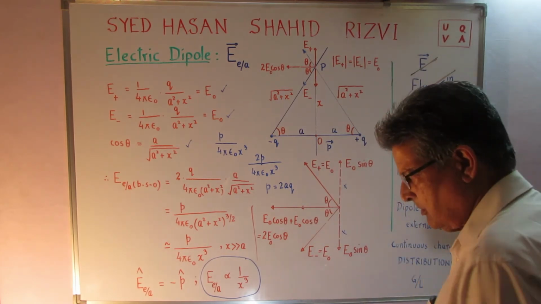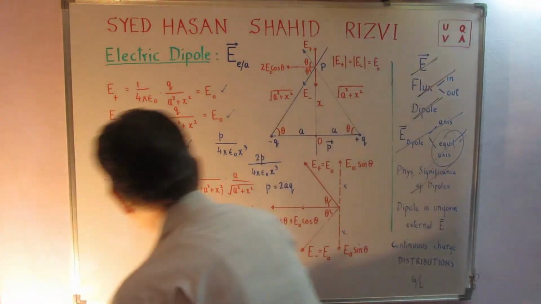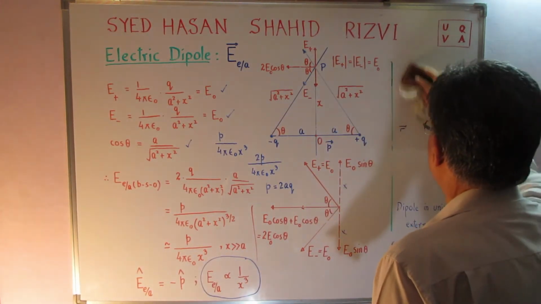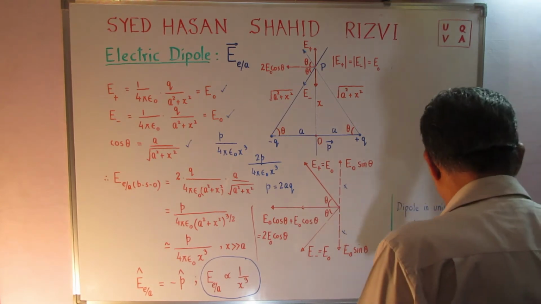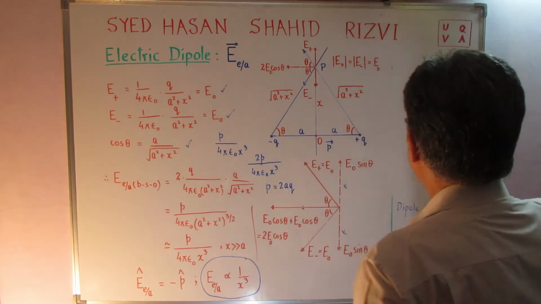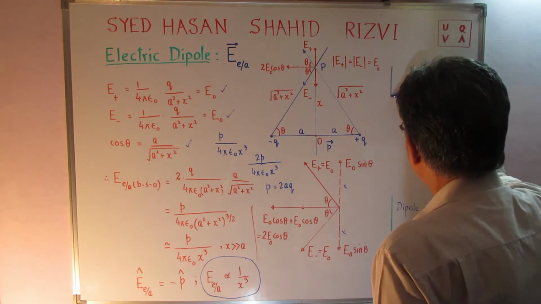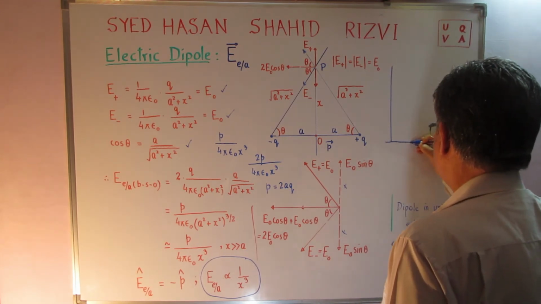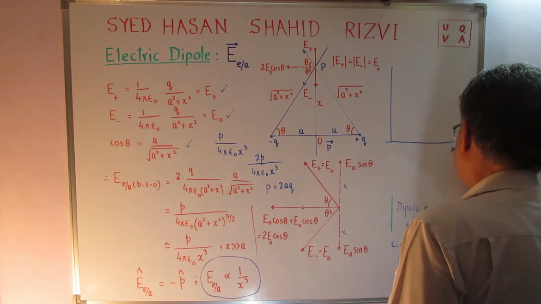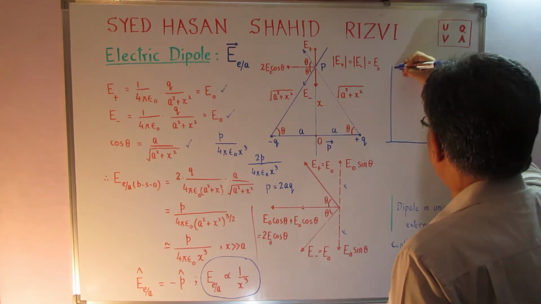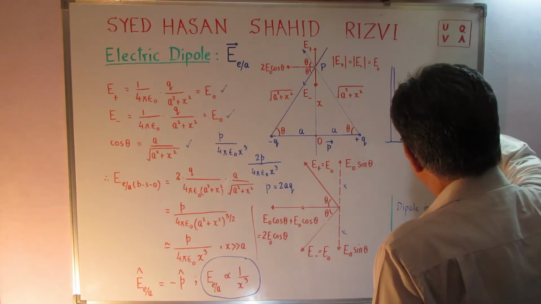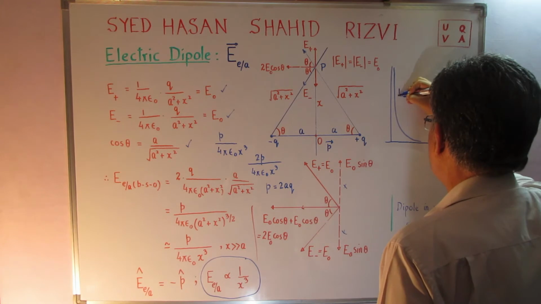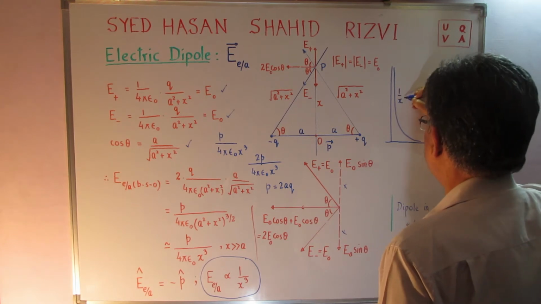And before I go to the dipole in a uniform field, I must tell you something: the magnitude of the electric field found due to the dipole turns out to be proportional to 1 upon x cubed.